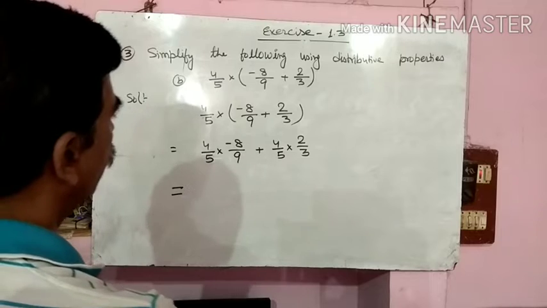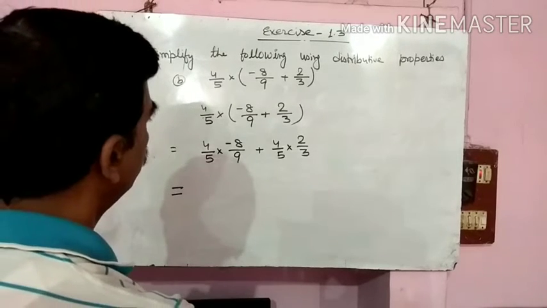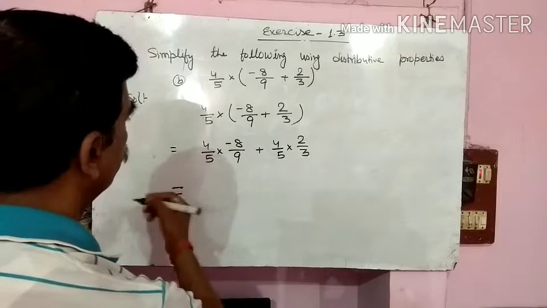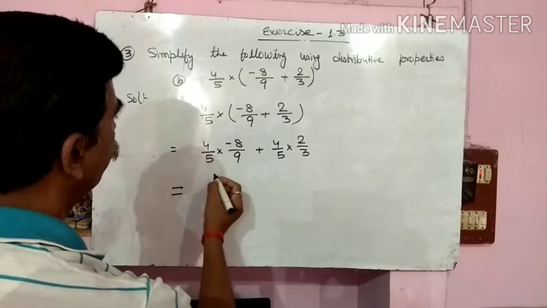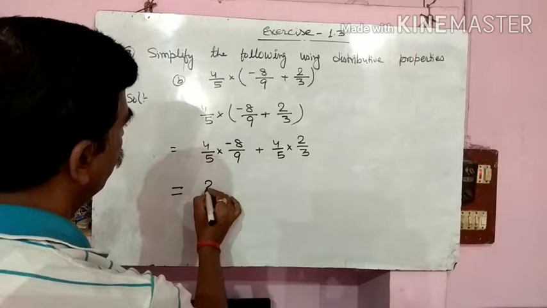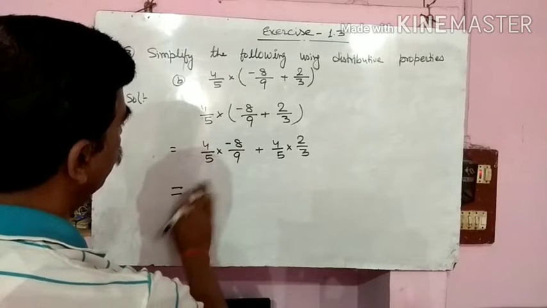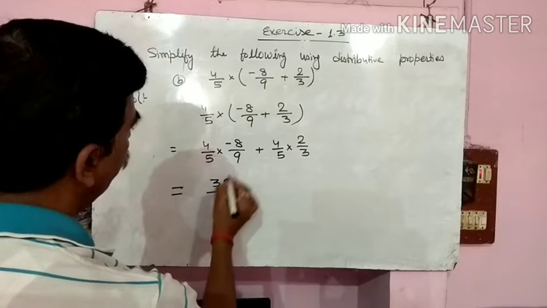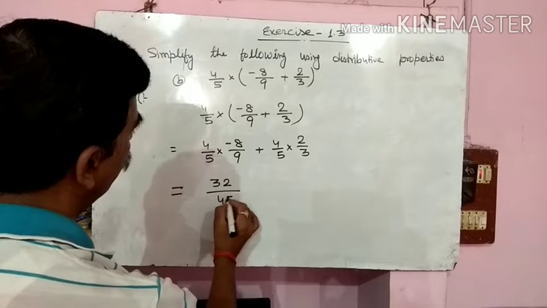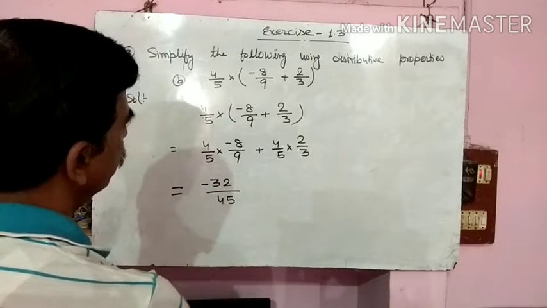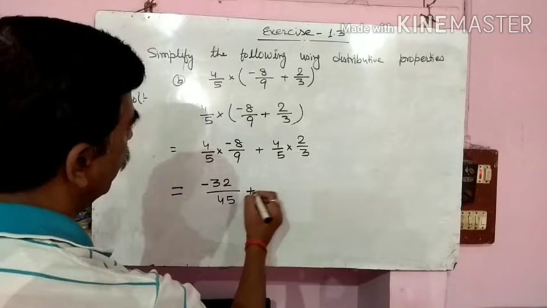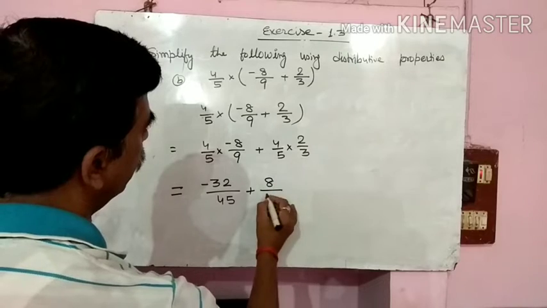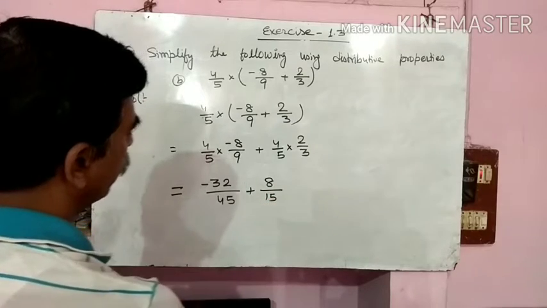Okay, is there any common number which can divide these two? I think not. So 8 4s are 32 and 9 5s are 45, as the sign is subtraction, plus 4 2s are 8 and 5 3s are 15.